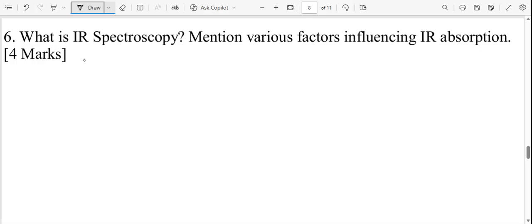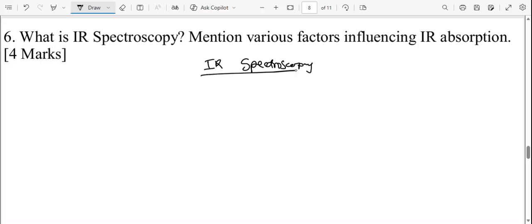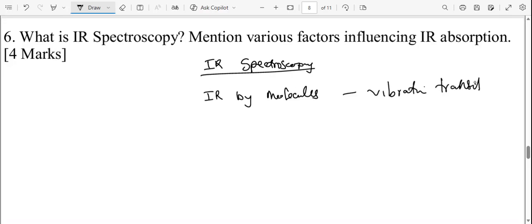To start with, IR spectroscopy is a type of spectroscopy that studies the absorption of infrared by molecules, causing vibrational transition.